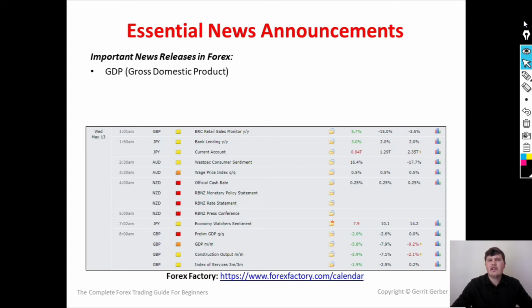The second important news release to be aware of is the CPI, or the Consumer Price Index, which is a measure that examines the weighted average of prices of a basket of consumer goods and services such as transportation, food, and medical care. It is calculated by taking price changes for each item in the predetermined basket of goods and averaging them out.